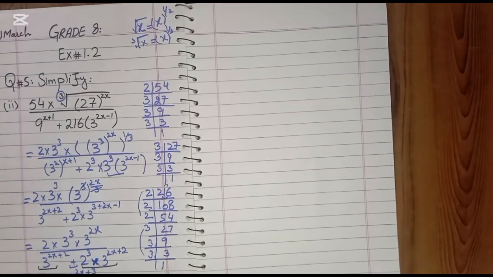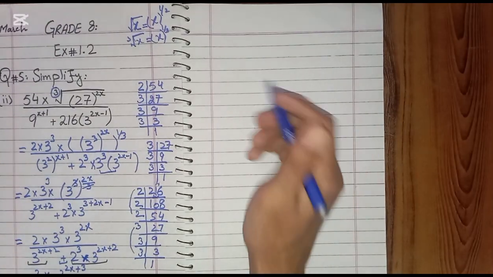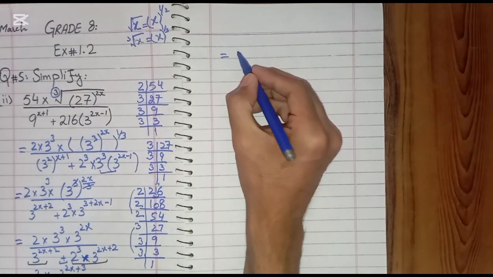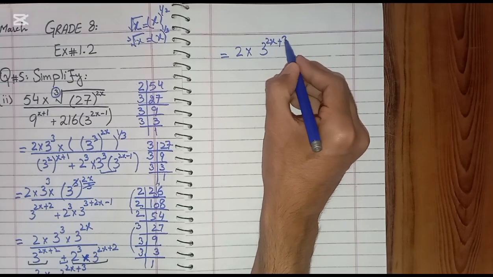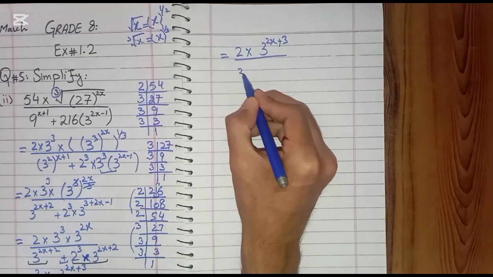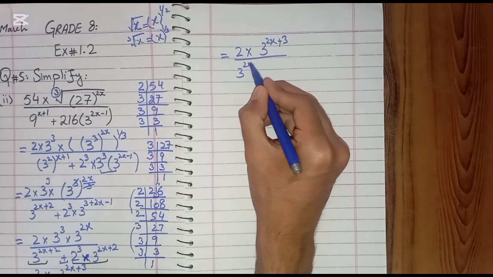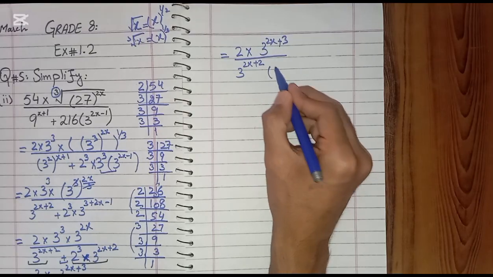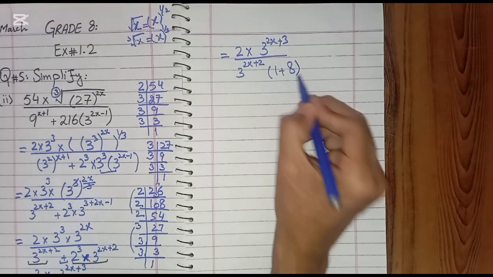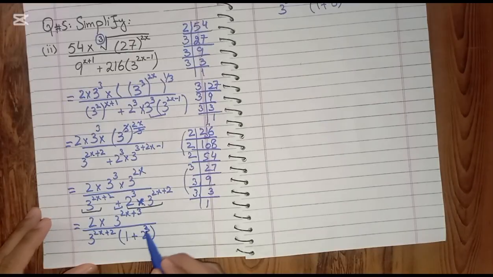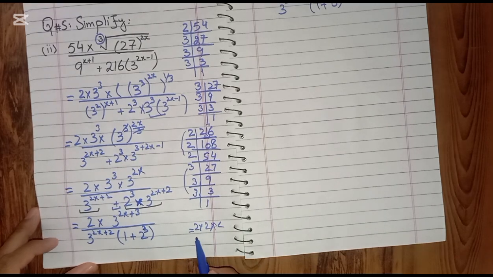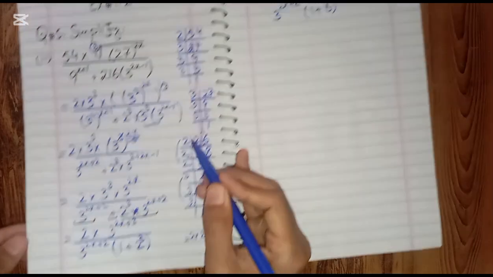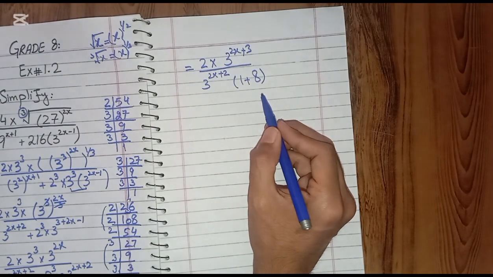Now we simplify first, then I do the next step. 2 multiplied by 3 power 2x plus 3 as it is, and in the denominator that is 3 power 2x plus 2 into 1 plus 8. The reason: 2 power 3 means 2 multiplied by 2 multiplied by 2, and 2 multiplied by 2 is 4, and 4 2s are 8, so we write 8 over there.